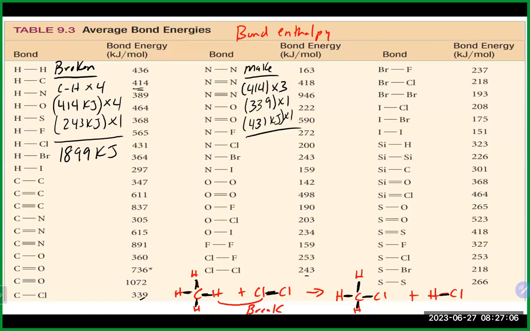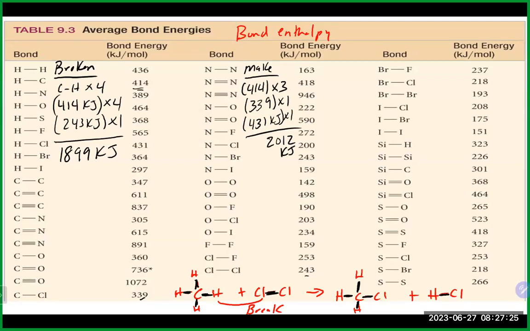So we'll do 3 times 414 plus 339 plus 431. Looks like here, 2012 kilojoules.